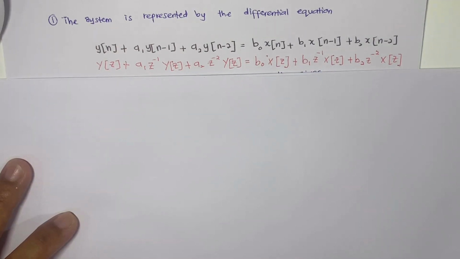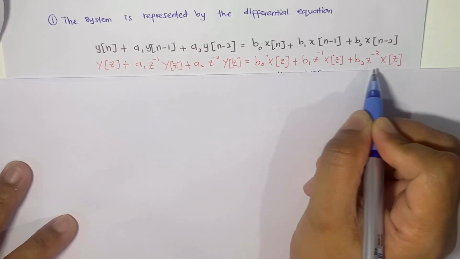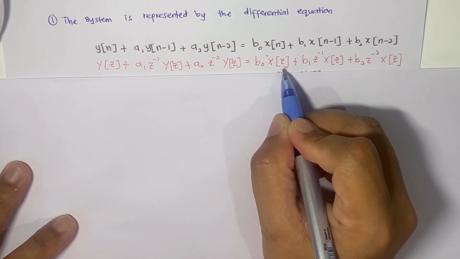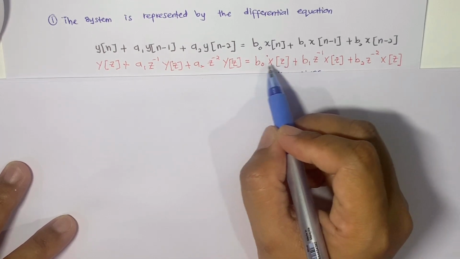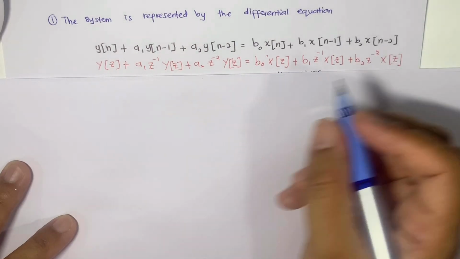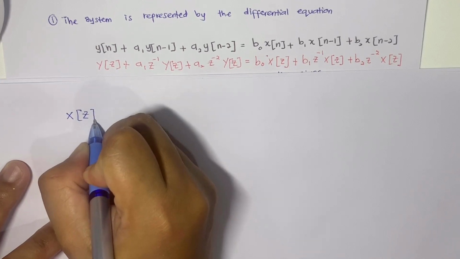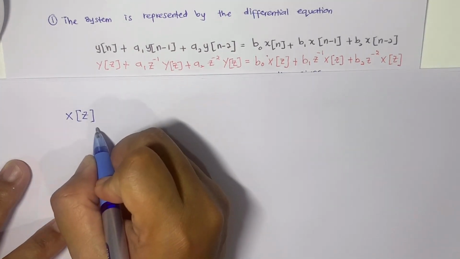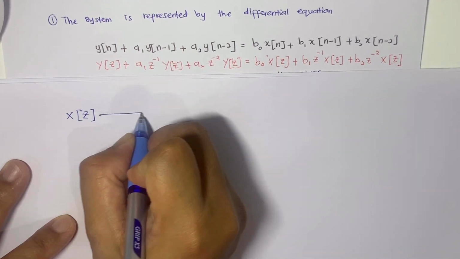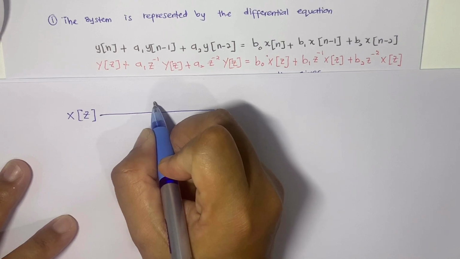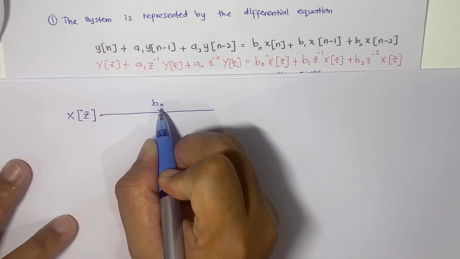The first one is to refer to the input part, which is X(z). You have b0 X(z), so X(z), the input, must multiply with b0. This is b0. X(z) will multiply with b0.